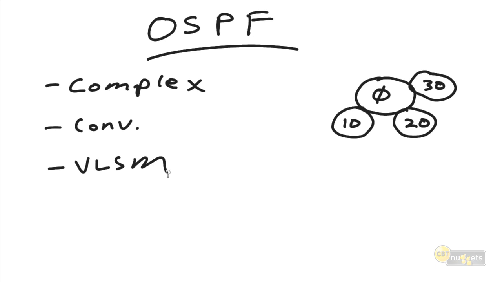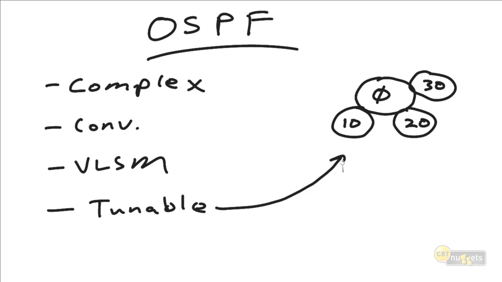Something else about OSPF is that it is going to be extremely tunable. Now, what do I mean by tunable? Well, it means that you can go in and you can create special area types like stub areas and totally stub areas and not so stubby areas.